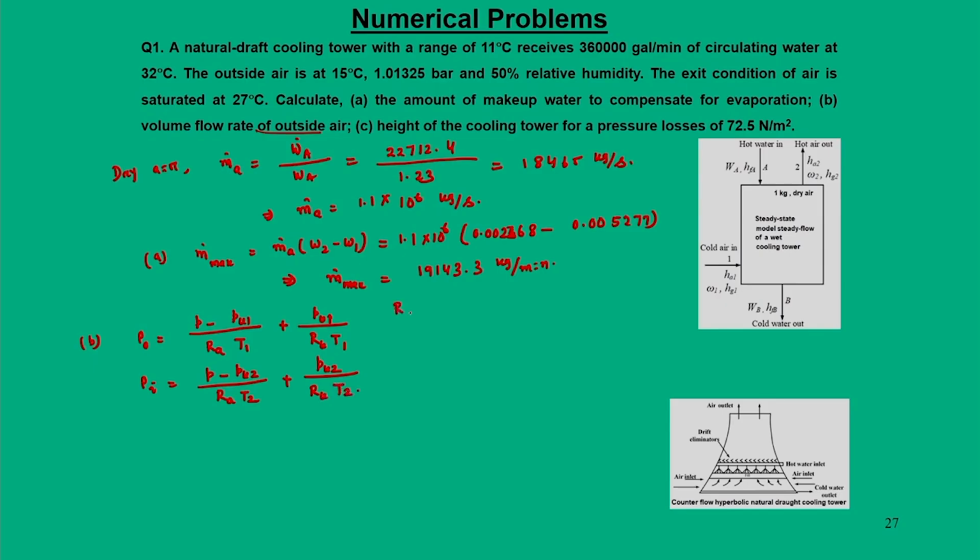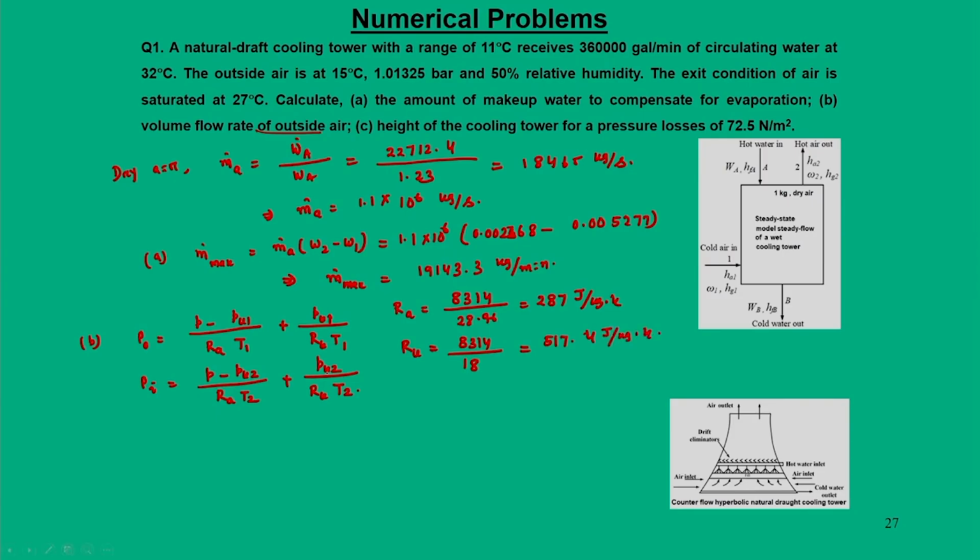RA we can find as 8314 divided by its molecular weight 28.96, which is 287 joule per kg Kelvin. RV is equal to 8314 divided by 18. This is 517.4 joule per kg Kelvin.